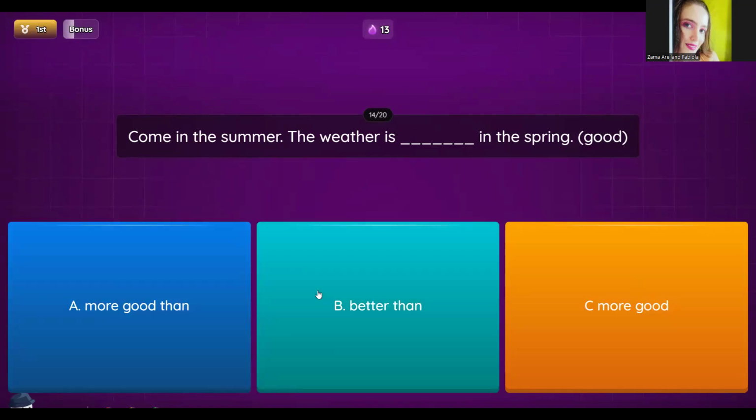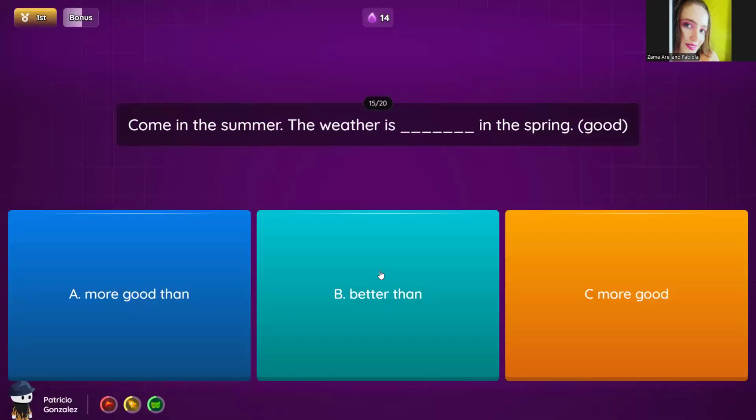Coming the summer, the weather is better than. I think B, yes, better, because good is irregular. So it is good, better. Well done.